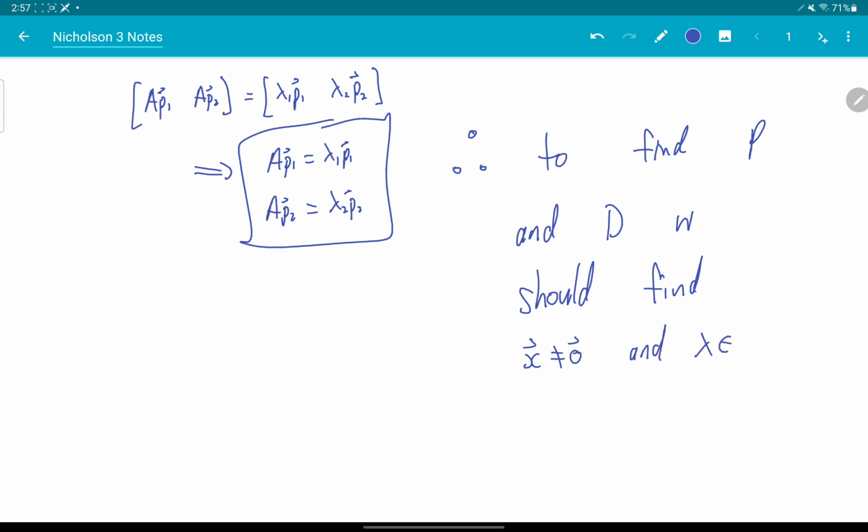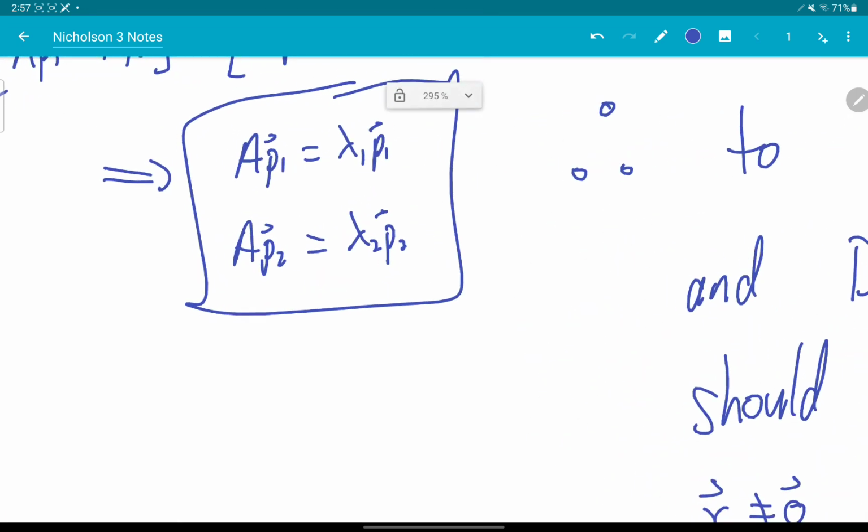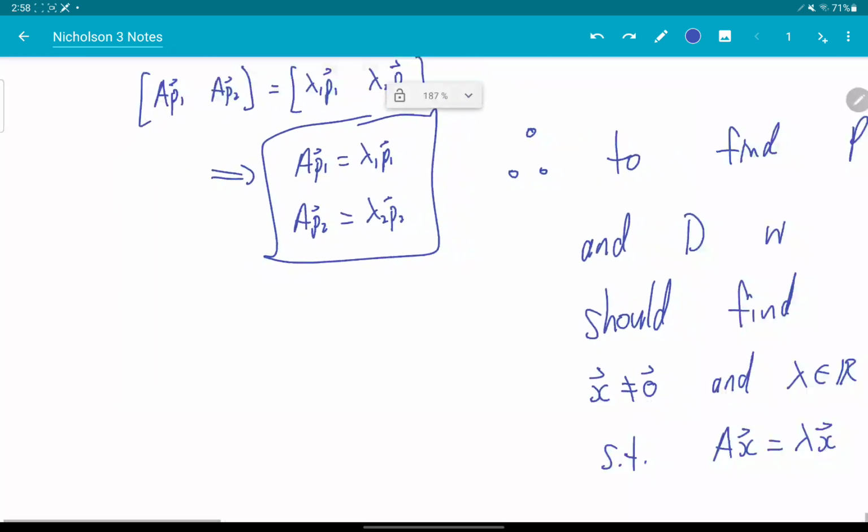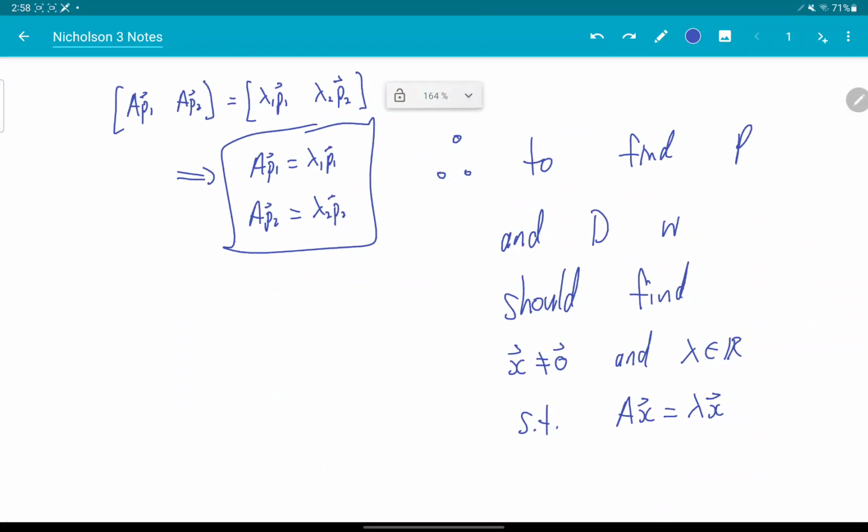And real numbers lambda such that Ax is equal to lambda x. Okay, that's what we found here. The columns of P will be these vectors x, and then the diagonal entries in D will be the lambdas. So if I'm trying to find D and P, I should focus on this equation and try to figure out under what circumstances that works.